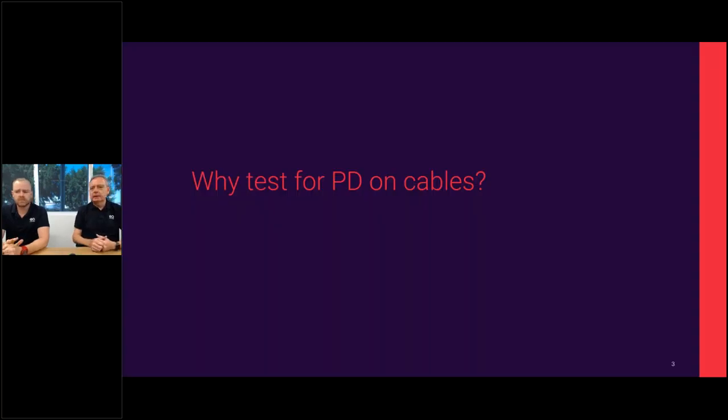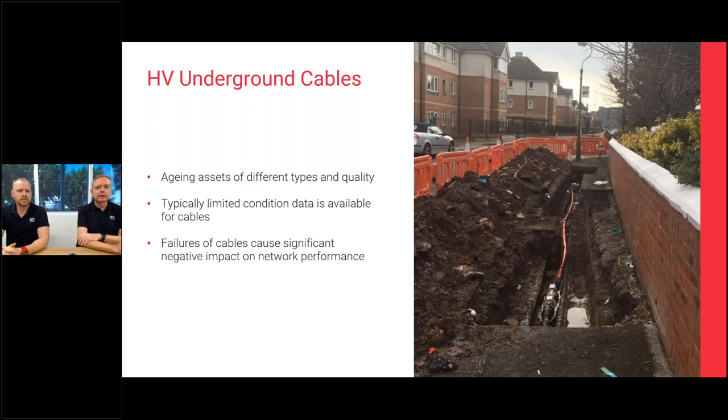So why test for PD on cables? Relatively obvious, and the same as for why we test for PD on just about any other HV electrical asset. Cables are an interesting one though. We've got large networks of cables. Often in the countries that we're dealing in, we've got quite old, aging networks.